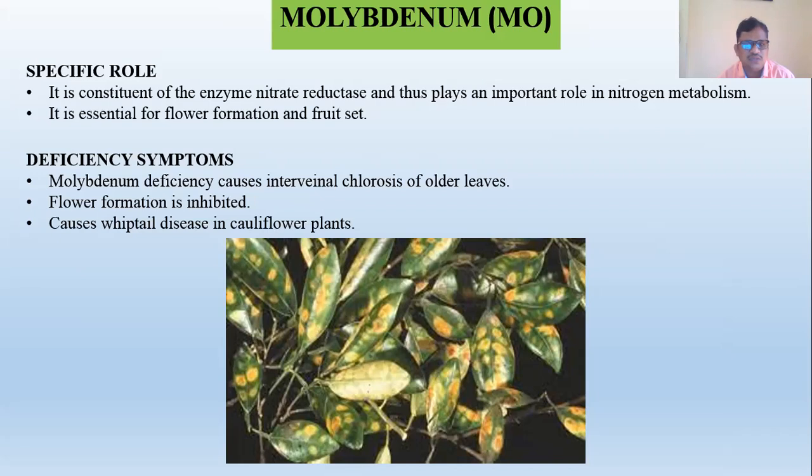Like that, in the diagram, because of the deficiency in citrus plants, these types of patches form on the leaf, and it affects the overall growth and development of citrus. So these are the important role and deficiency symptoms of the micro element molybdenum.